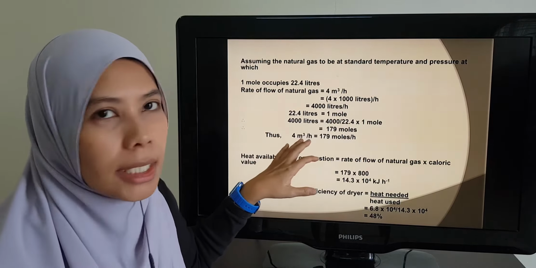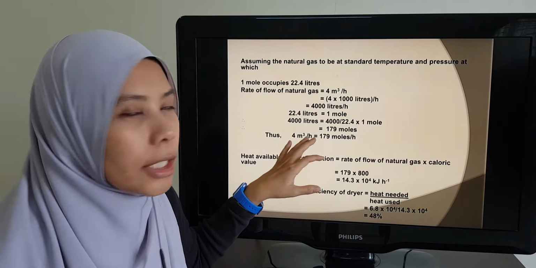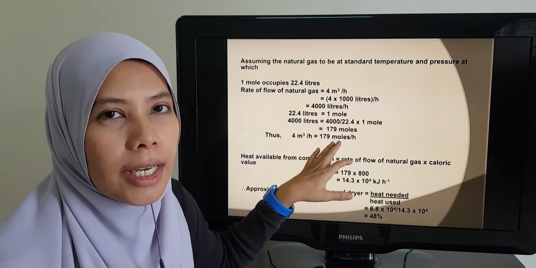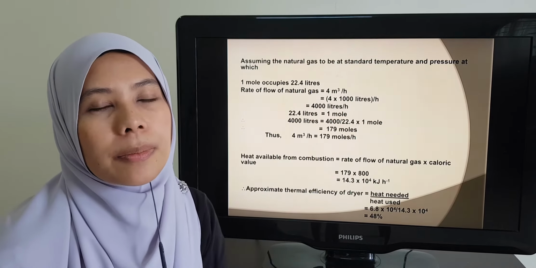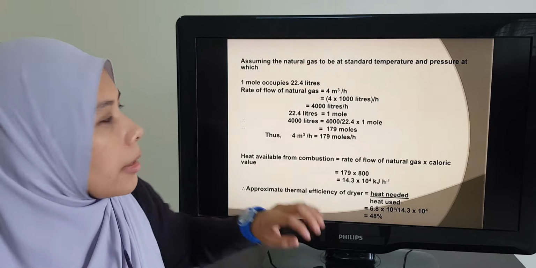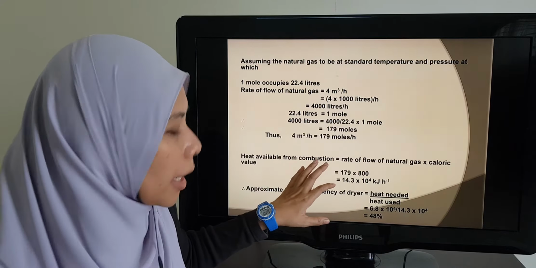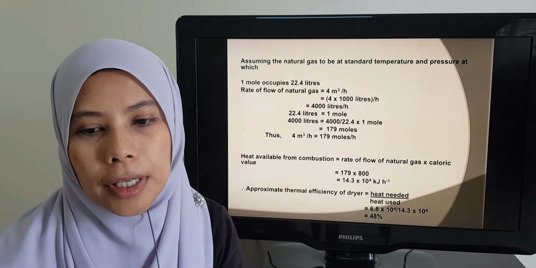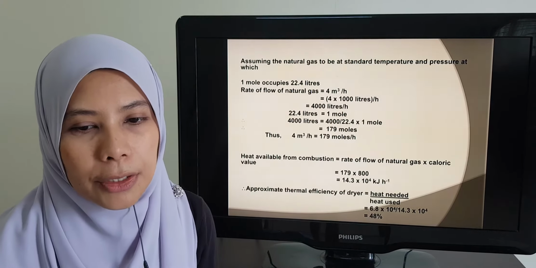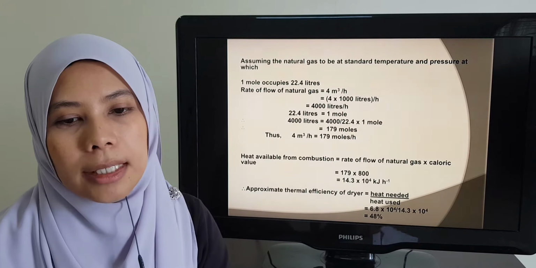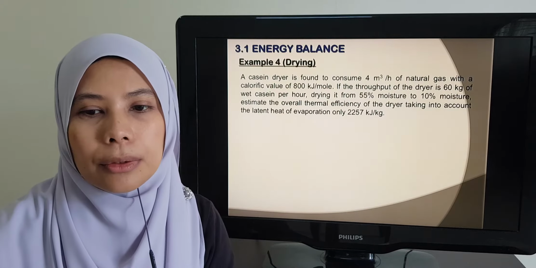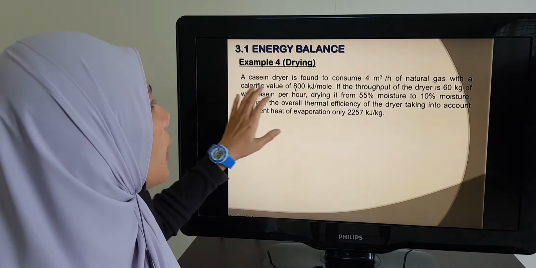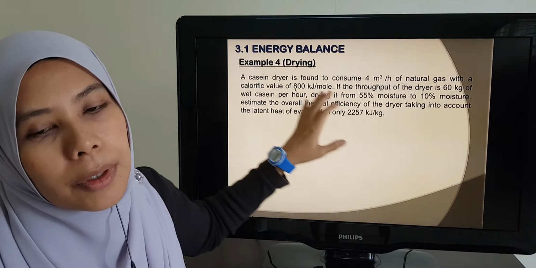So for 4 meter cubic per hour of natural gas flow, we will have 179 moles per hour. The heat available from combustion is equivalent to the rate of flow of natural gas times the calorific value. Where do you get this 800, the calorific value? It is given over here, a calorific value of 800 kilojoule per mole.